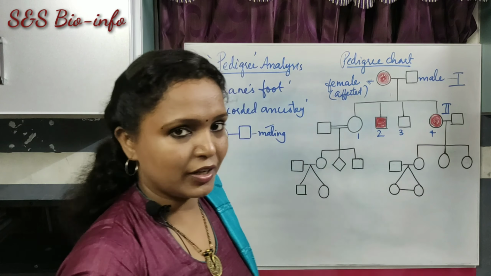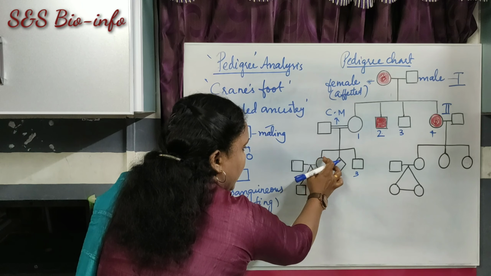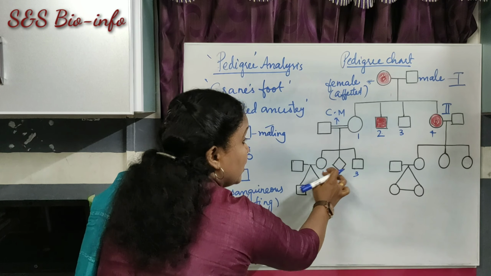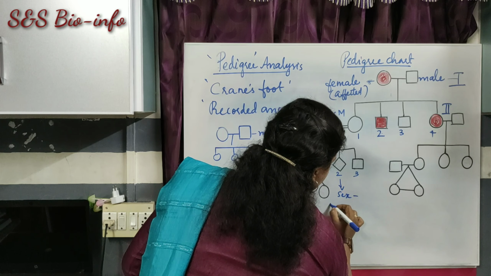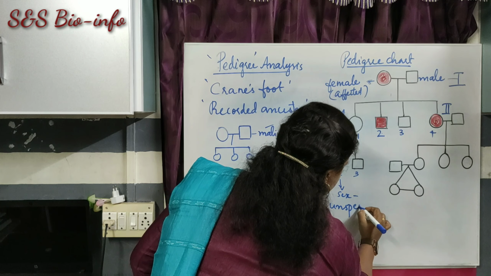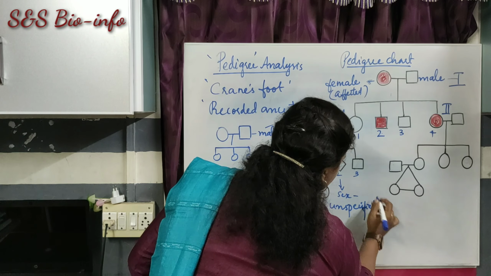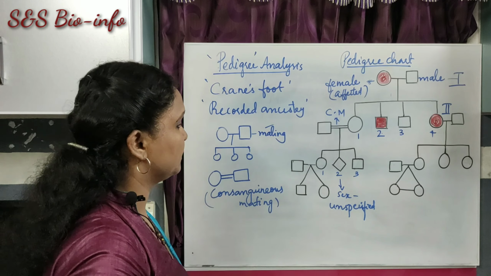Out of these 3 children, the first one is a girl. The second one is represented as a rhombus. It is sex unspecified. The third one is a boy.